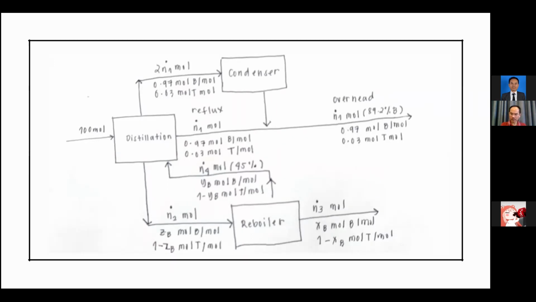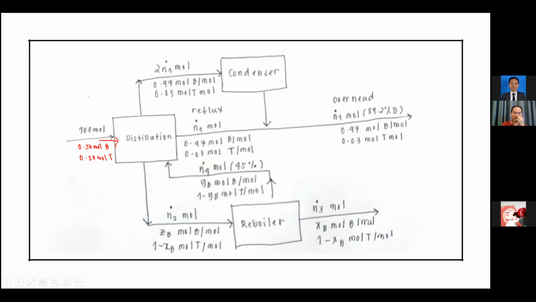So let's start with the basis of 100 moles. It goes to the distillation process here, and then it will have 0.50 moles for benzene and 0.50 moles for toluene.